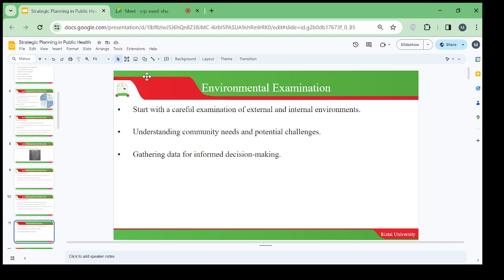All right, so you need to do an assessment of the environment, what we are calling environmental examination here. With the environmental examination, you're basically looking at two things: the internal and the external environment. When you do this analysis, it allows you to really understand the community needs and challenges, and also your own organizational issues that you need to address. So it is very, very vital to do that.